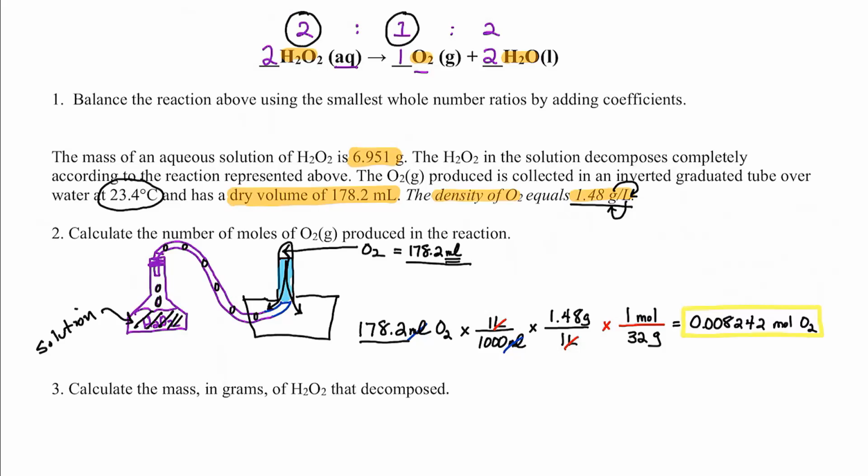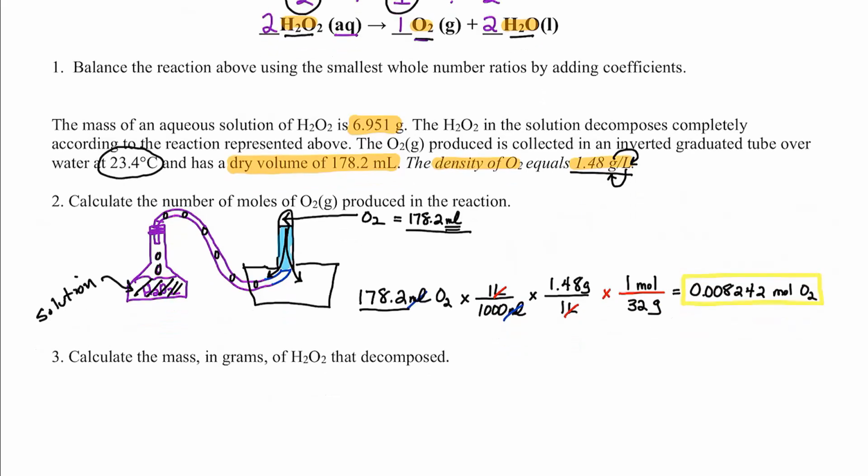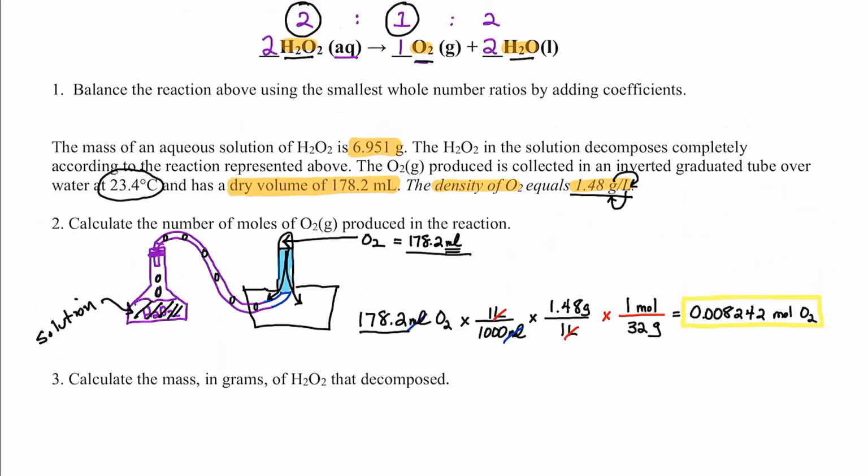Honestly, there are some new skills here, but if you just understand that we're using the ratio of the amount of these particles in the balanced equation, it's easy because we have the moles of O2, don't we? So all I've got to do is times it by 2 to get the moles of H2O2 that was needed to make that oxygen.